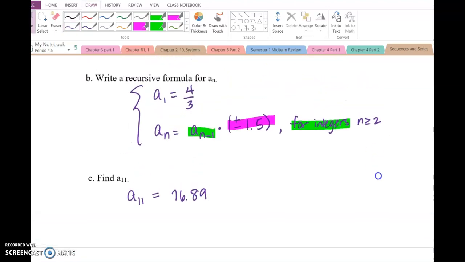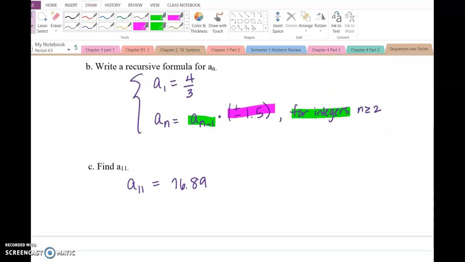A couple reminders. I just want to make sure that when you guys write recursive formulas, you give me your start and you give me that pattern, and you write what that pattern is good for. And for integers, n greater than or equal to 2 is what's going to be good for our class. But realize that as you get older, in more advanced classes, that might change just a little bit.